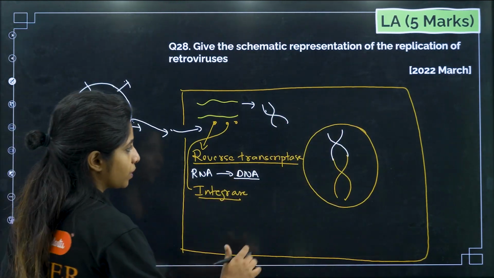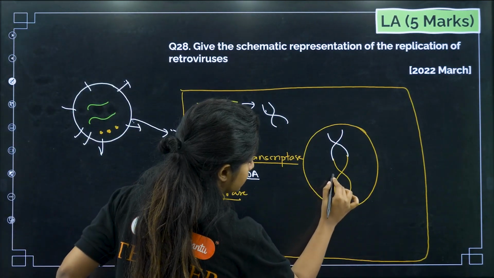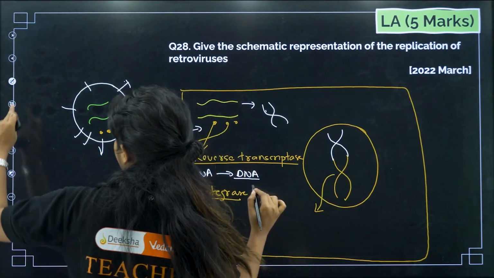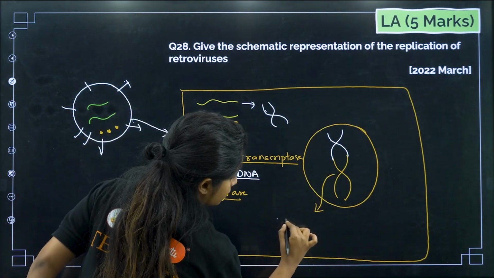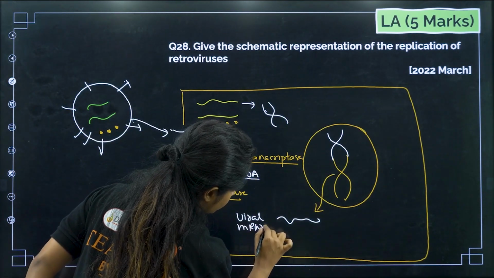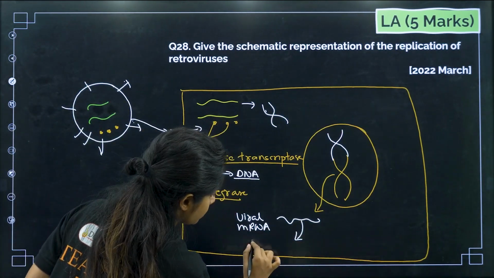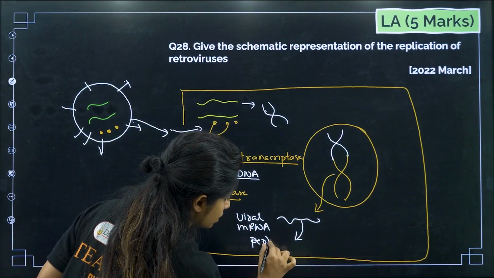Lots of things happen. So over here what happens is this guy will be making viral mRNA. There will be viral mRNA being formed, and this viral mRNA will be forming peptides or basically proteins.